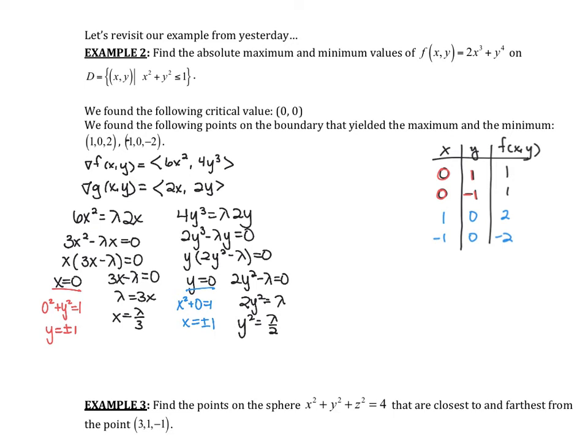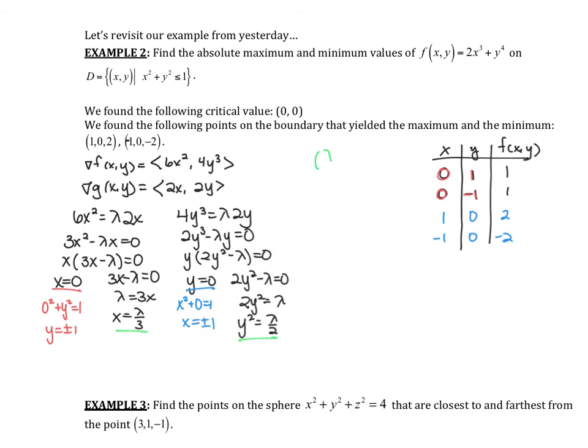Now the reason I got both of these in terms of lambda is because I'm going to use these to substitute into my constraint equation, just like we did with the x equals 0 and the y equals 0.